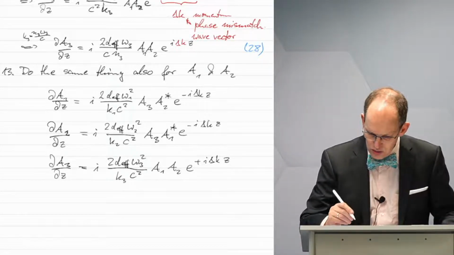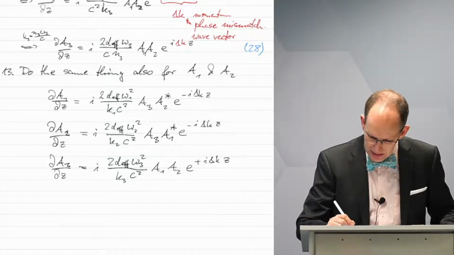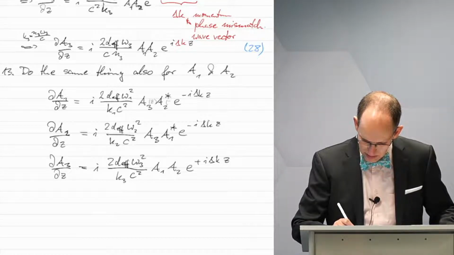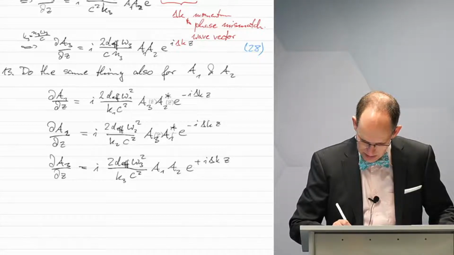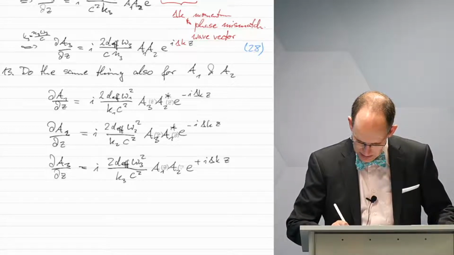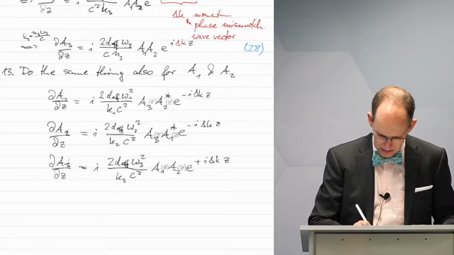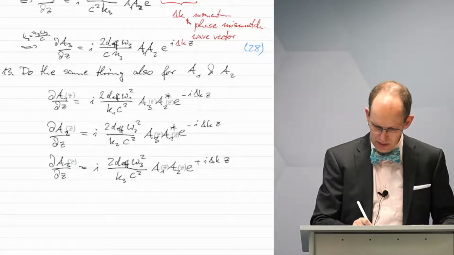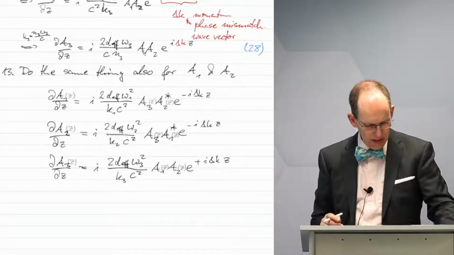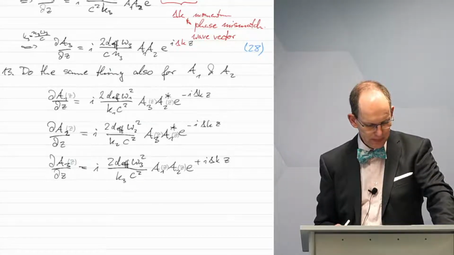And what you should always keep in mind is that A3 and A2 also depend on z. So you see that these equations are really coupled in this sense. So these are the coupled wave equations.